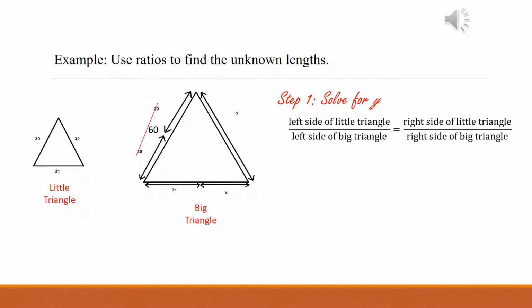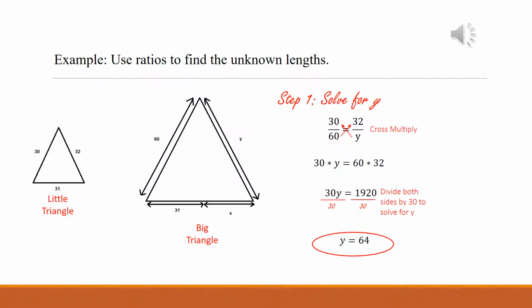Once you've done that, you know you're going to use the left side of the big triangle and the left side of the little triangle, because that's what you know both of. That tells us how to set up our proportion. As you can see on the right-hand side, I gave you a hint. This is how you're going to set up your proportion: left side of the little triangle divided by left side of the big triangle equals right side of the little triangle divided by right side of the big triangle.